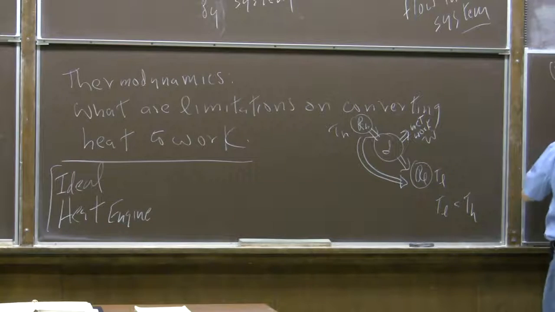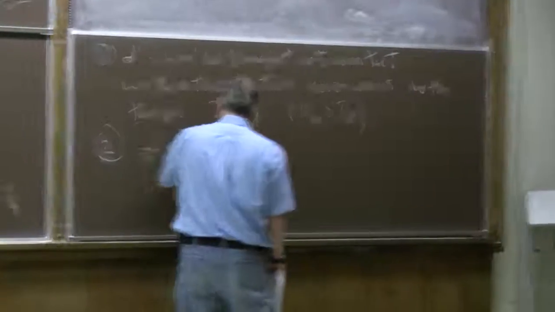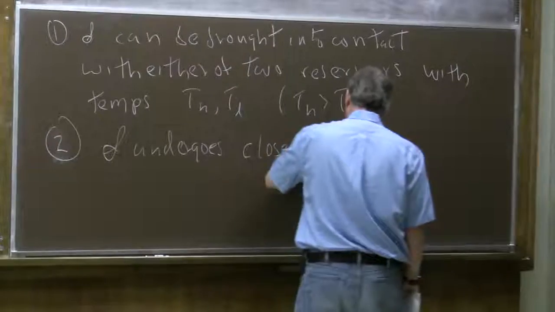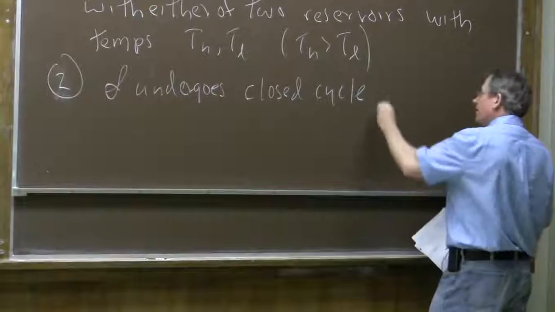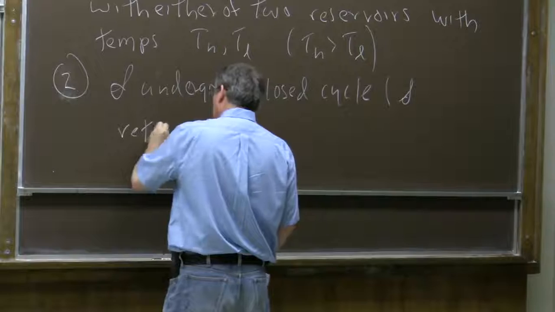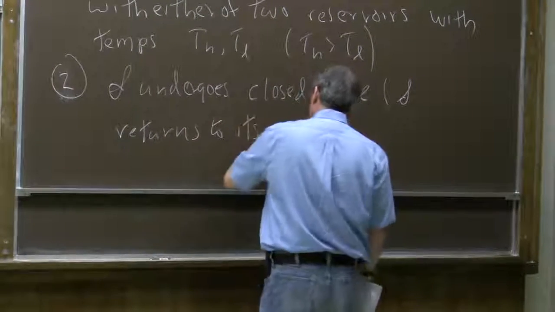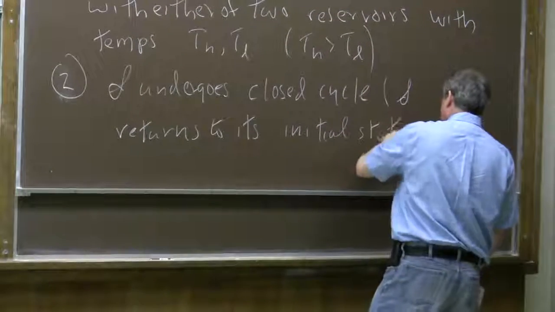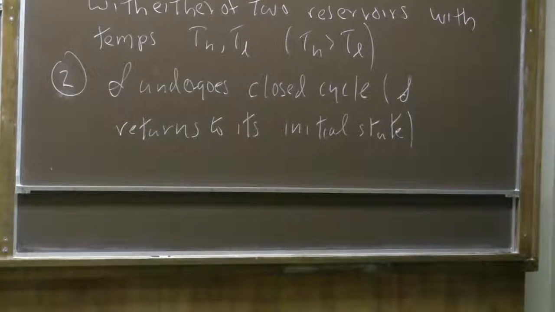Second, we're going to consider the system undergoing a closed cycle. That means S returns at the end to the state it was in initially. So because it's a closed cycle, we can imagine repeating the cycle many times.